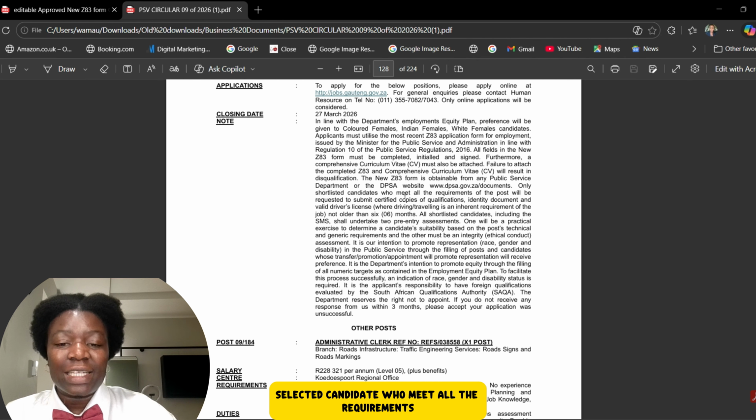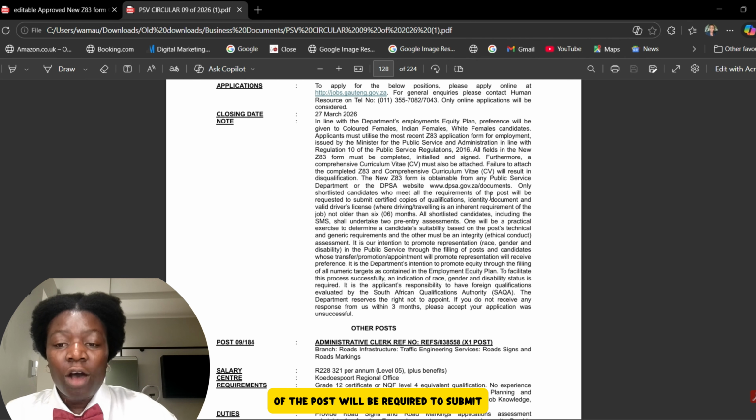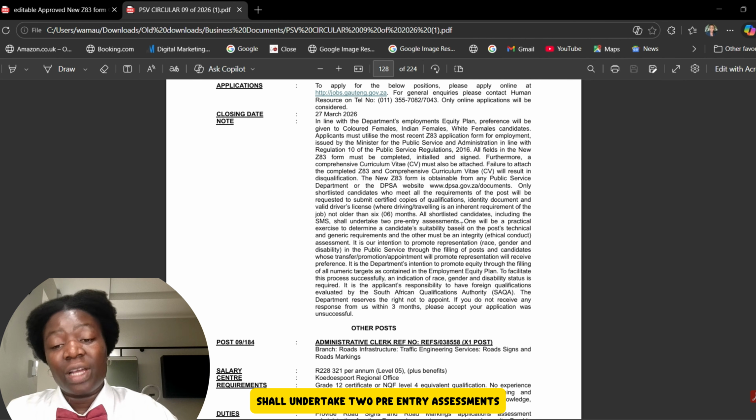Only shortlisted candidates who meet all the requirements of the post will be required to submit certified copies of qualifications, identity document, and valid driver's license where driving or traveling is an inherent requirement of the job, not older than 6 months. All shortlisted candidates, including the SMS, shall undertake 2 pre-entry assessments.